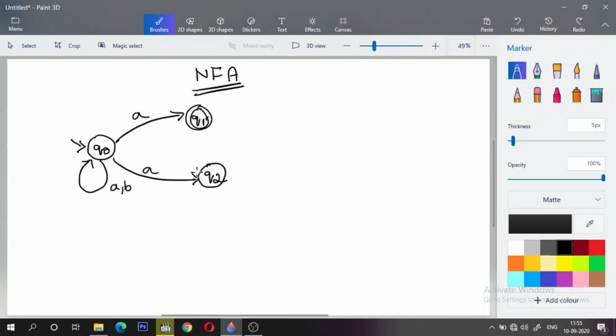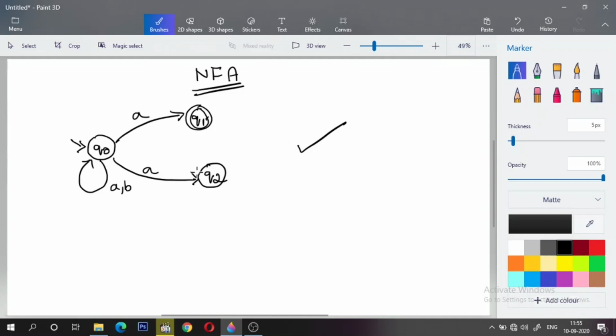This is totally fine with respect to NFA, and this provision makes the design in NFA very easy. And this is totally invalid with respect to DFA. This is the actual meaning of non-determinism: being in one state, upon a particular symbol, making a transition into multiple states. So this is the meaning of a non-deterministic machine.